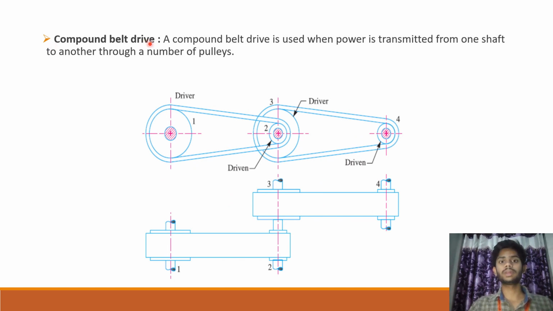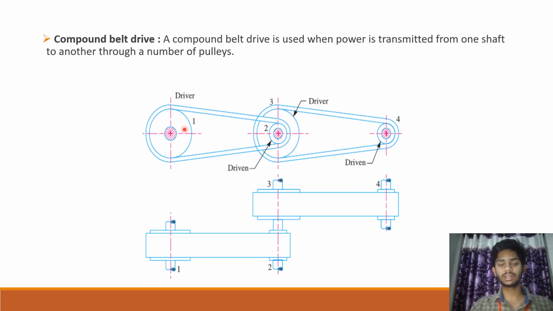Compound belt drive. A compound belt drive is used when the power is transmitted from one shaft to another through a number of pulleys. So you can see here the picture of the compound belt drive. So here the driver is connected with another driver.